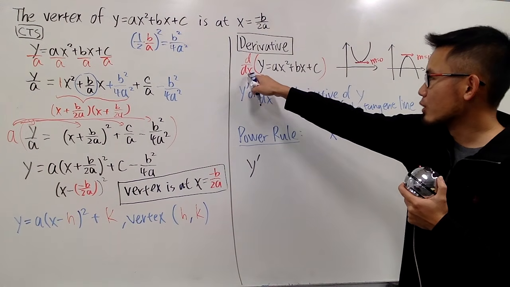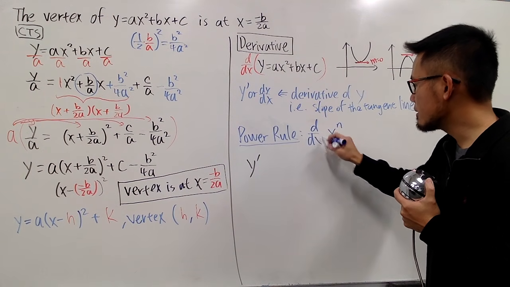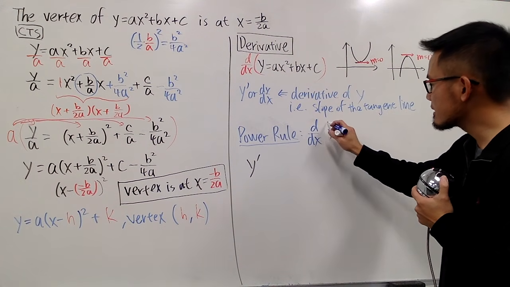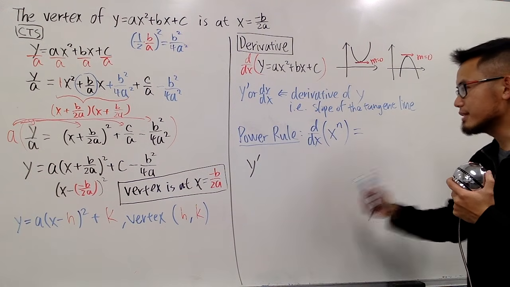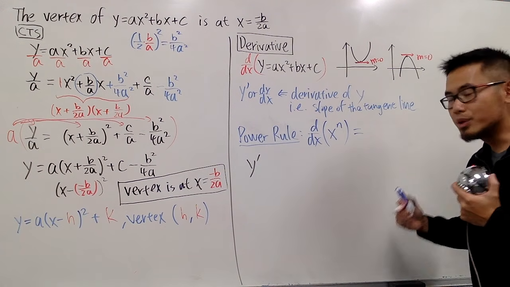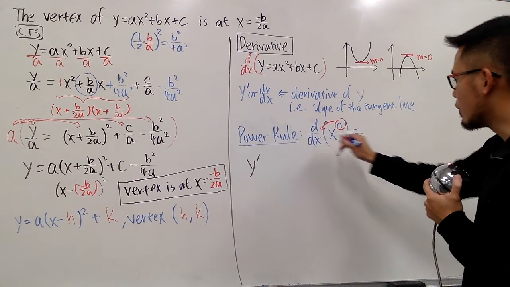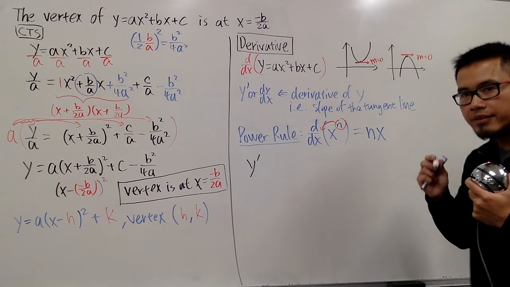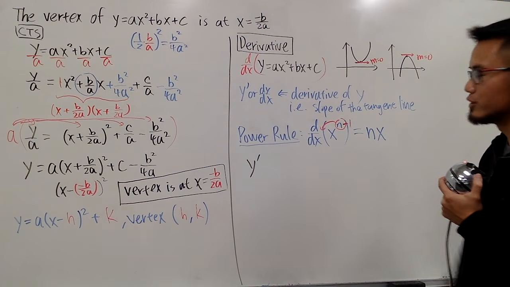Just like what I put down right here, when we want to differentiate, that's another way to say take the derivative, so put on d dx like this. To differentiate this, what we do is first take the power and bring that to the front. So we will have n times x, and for the new power, we minus 1 from the original.